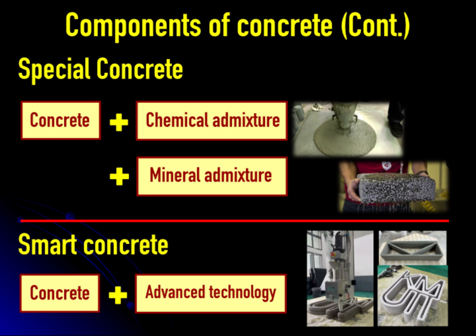For smart concrete, which refers to next generation concrete designed with advanced functionalities, one good example is 3D printing concrete, which uses modern 3D printing technologies and innovative materials to produce complex structures without traditional formwork. 3D printing concrete is a new way of building structures by using a special machine that prints concrete layer by layer. 3D printing concrete can save time, reduce labor, and create complex shapes that are hard to build with normal construction.